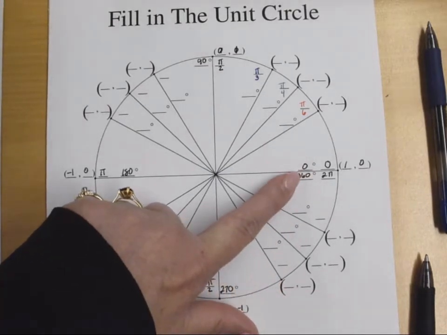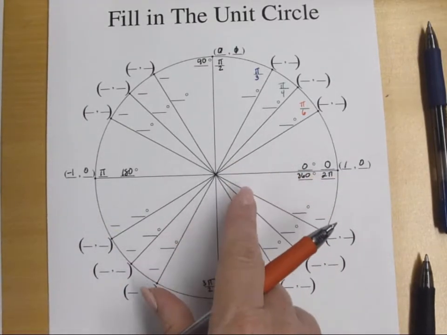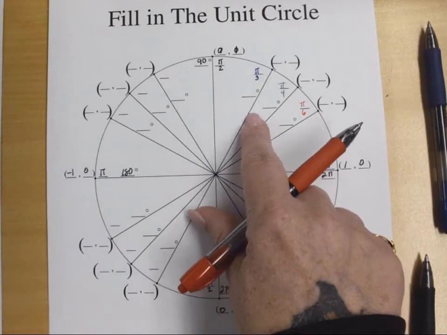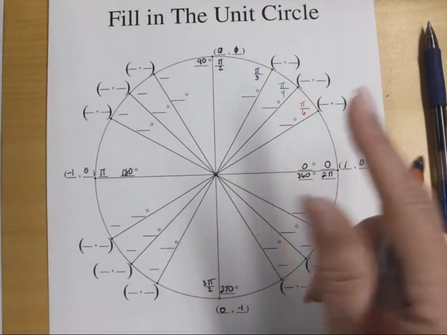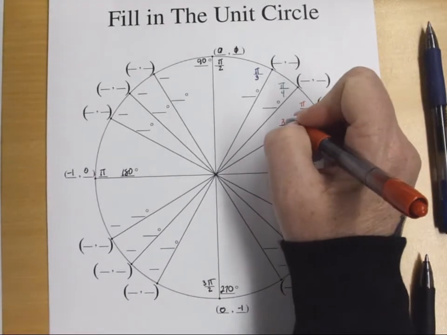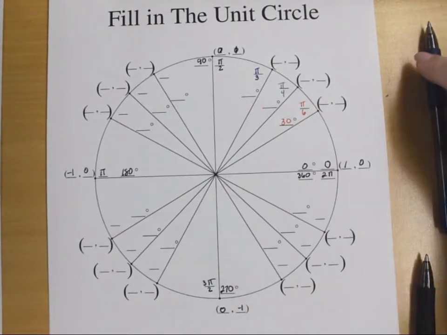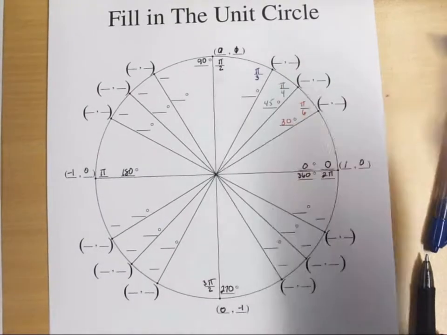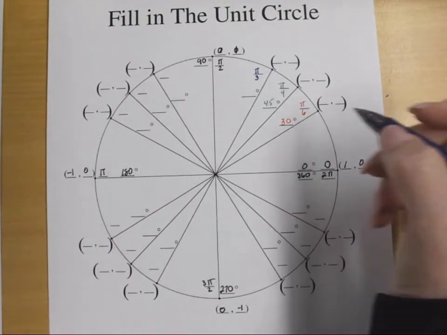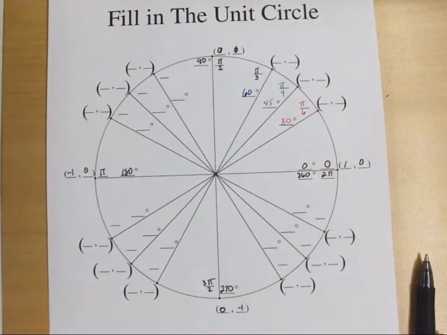If you think about and pay attention, these are like 15 degrees apart. This makes 2 15s, so this will be 30 degrees. 30 plus 15 will get us 45 degrees, and 45 plus 15 will get us 60 degrees.